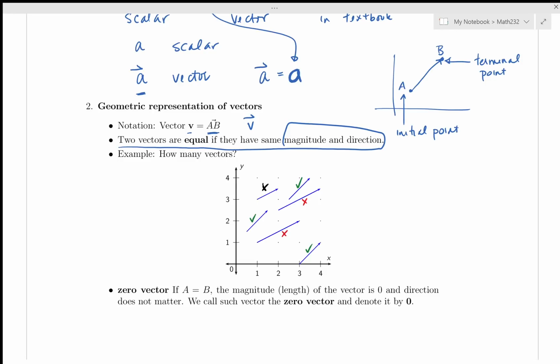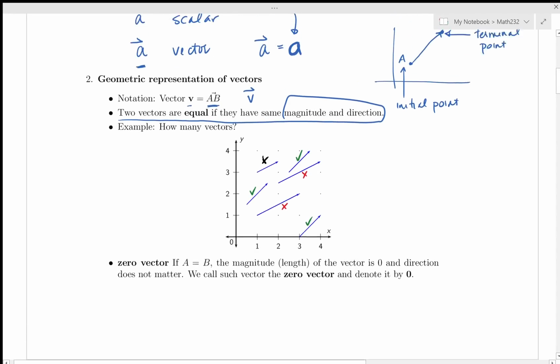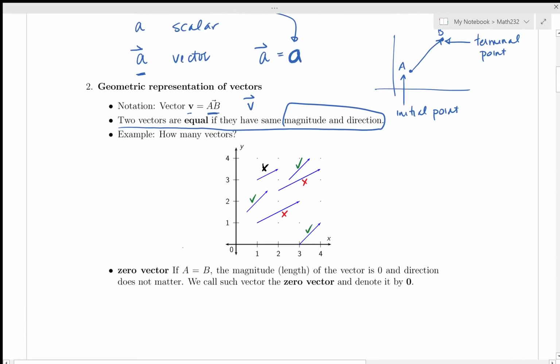Okay. The zero vector. If A is equal to B, and by that it means if the initial point is equal to the terminal point, then the magnitude of the vector, the length of it, is 0, and the direction doesn't matter. We just call that the zero vector, and we denote it by the bold 0.